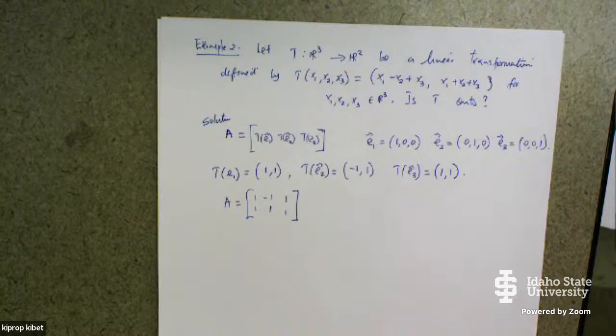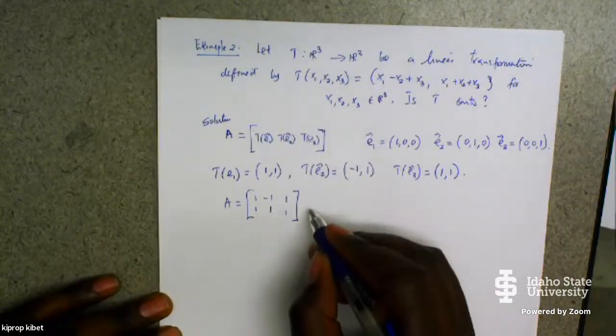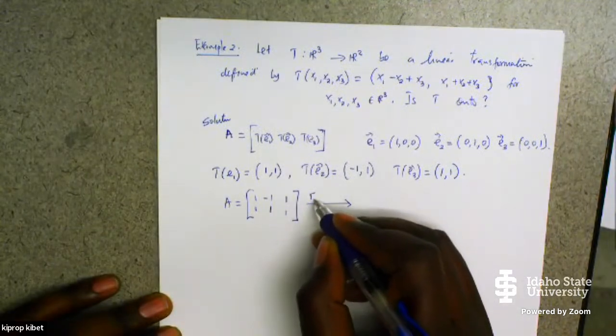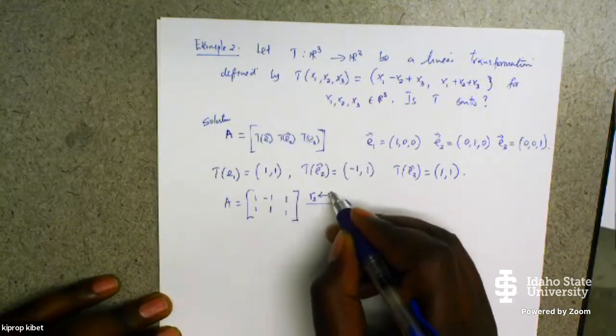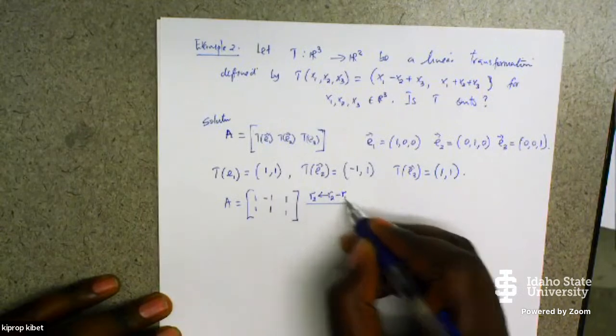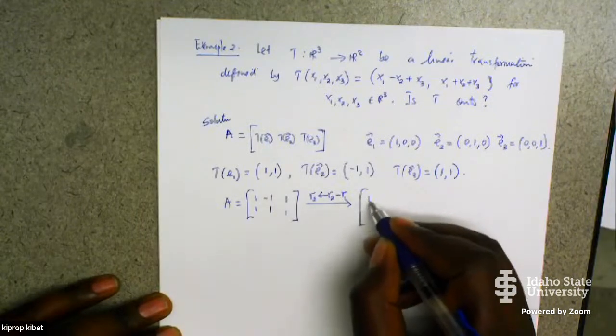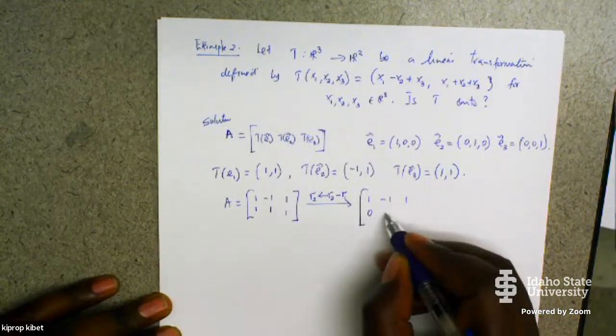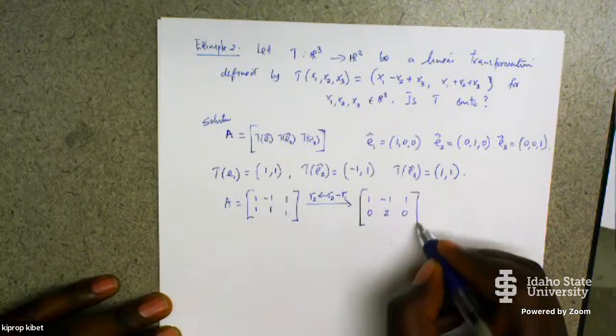Then for this to be onto, we need to reduce this, and we need to show that all the rows have pivot positions. So we reduce this one. Our new R2 will be R2 minus R1, which gives 1, -1, 1, 0, 2, and 0.